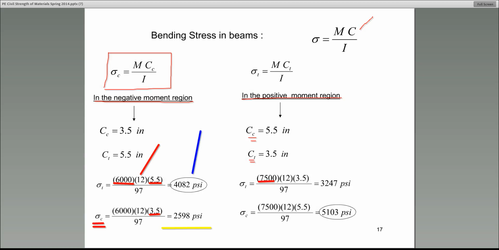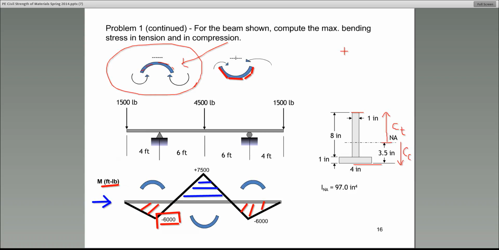On the test, if you're given this problem, you look at the moment diagram, you say, okay, the maximum moment here is 7,500. Do you guys follow? You may say 7,500 here is the maximum moment.